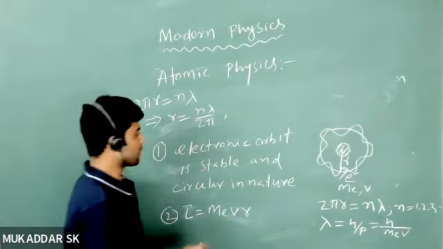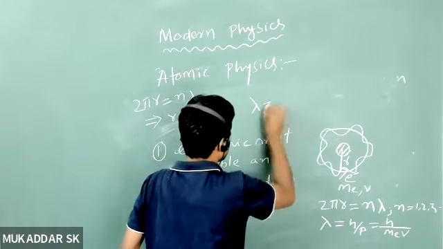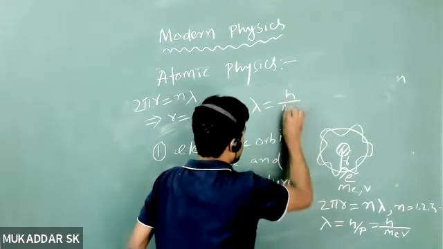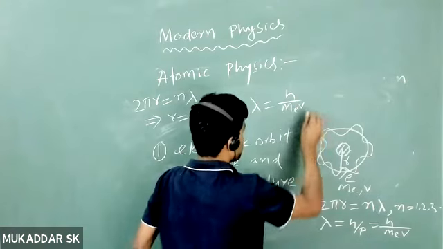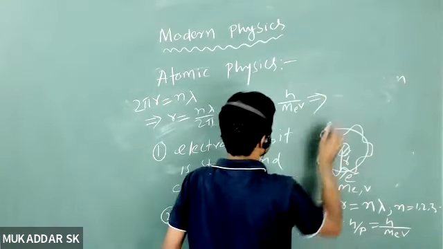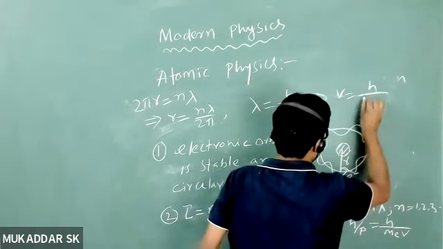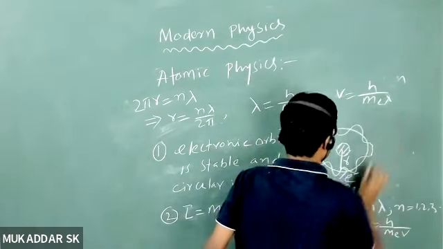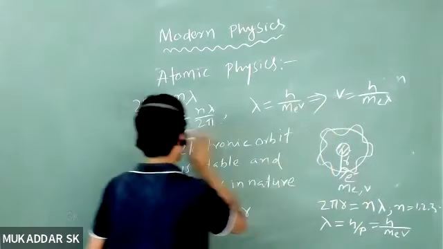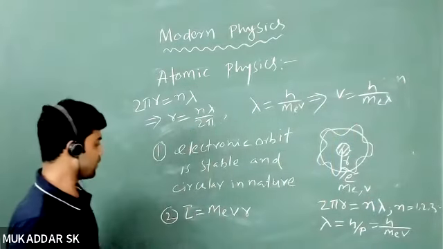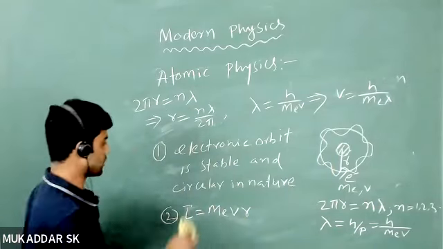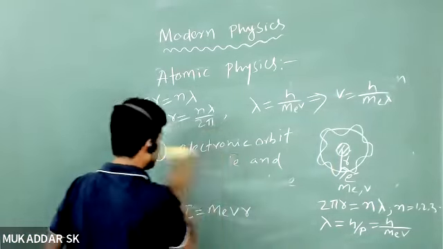And from the second equation, lambda equals h by m_e v, so v will be h by m_e lambda. Now, if you substitute that v and r in the angular momentum equation, how much will you get? Can you please calculate?